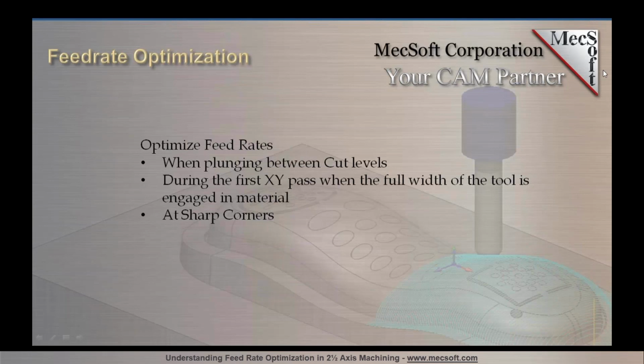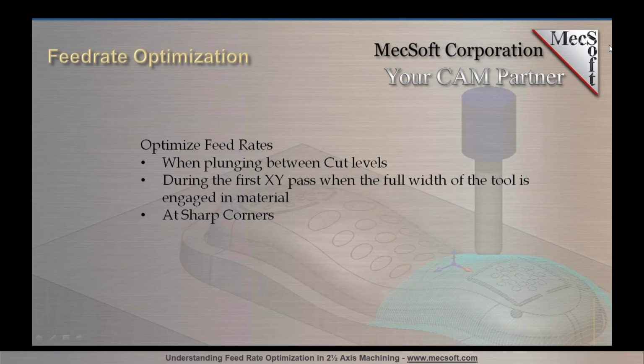So the next thing we wanted to cover is feed rate optimization. And in your 2.5 axis machining, here are some of the things that you want to keep in mind. You probably want to optimize your feed rate when plunging between cut levels, and also during the first XY pass, when the full width of the tool is going to engage with the material.